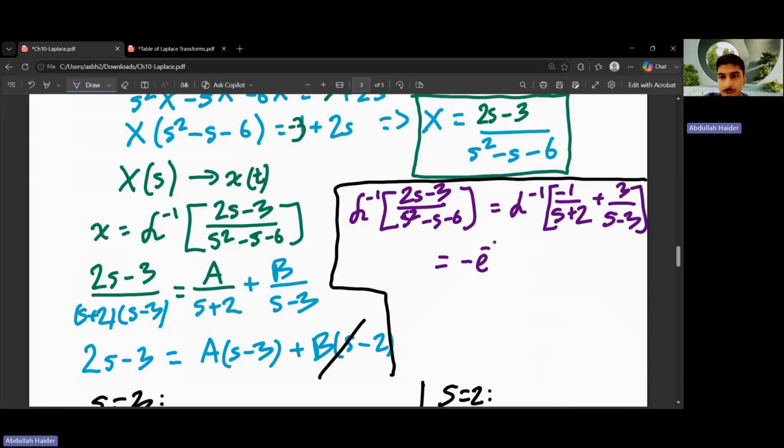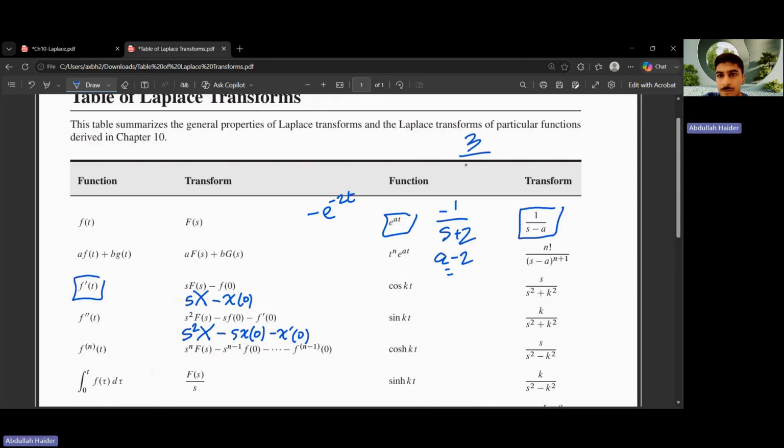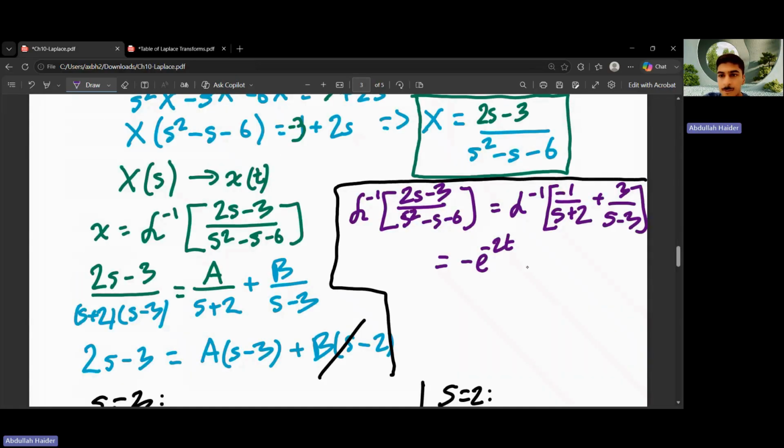Now this part is done. Now 3 over s minus 3, in this case, a is equal to 3. So when you take out the 3, 3 multiplied by 1 over s minus 3, you get 3e to the power 3t. So the answer is minus e to the power minus 2t plus 3e to the power 3t.